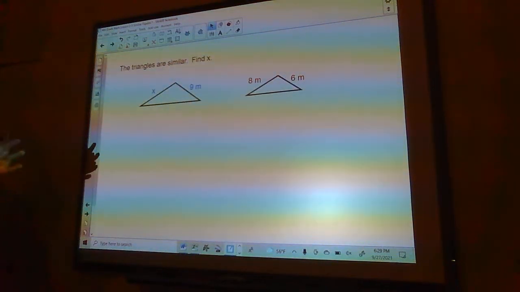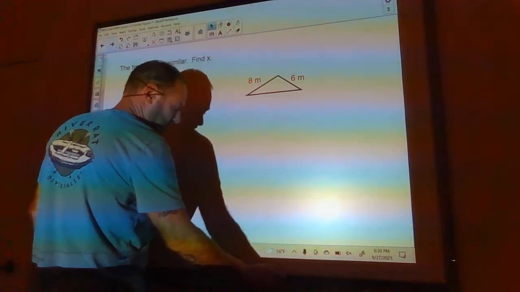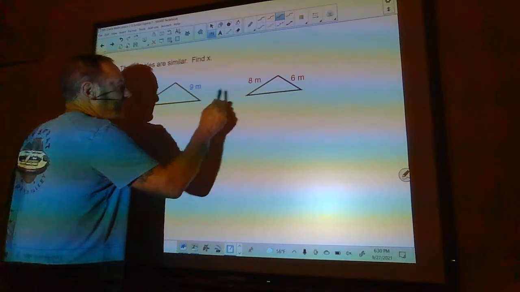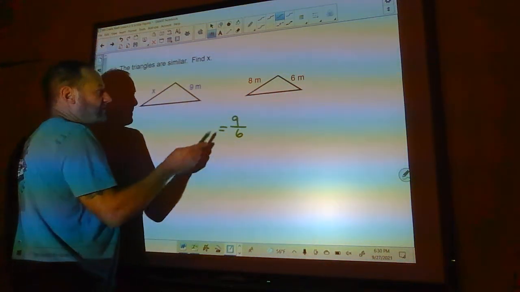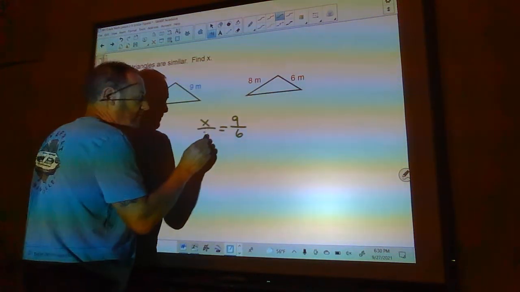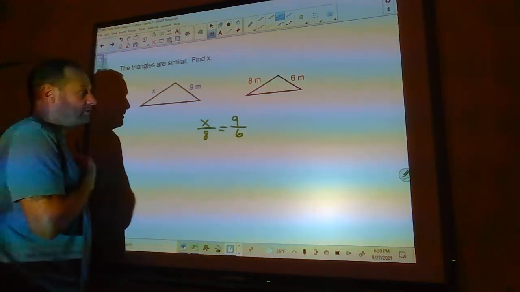Okay, so the triangles are similar, find X. Okay, so here's what you got to do. You've got to find a proportion between these. So 9 goes with 6 here. And since the big one's on top, the big one has to go on top over here. The small one has to go on the bottom. Okay, I just need to solve this proportion.